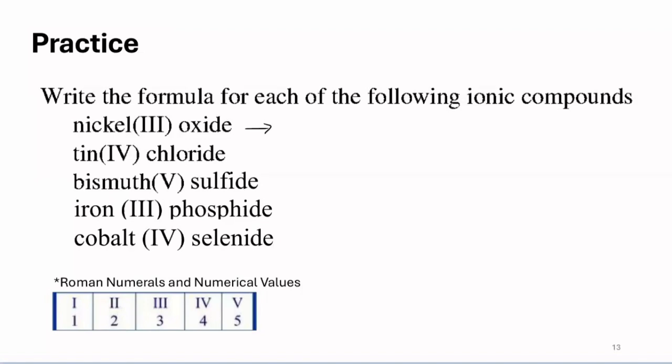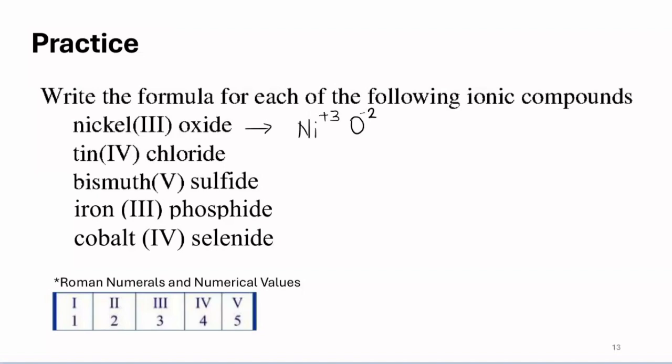Nickel 3 means, since nickel is a metal, it's going to form a cation, so I write its symbol. Ni is nickel. Roman numeral 3 tells me that nickel is positive 3. Then I have oxide, which refers to the nonmetal oxygen. Since oxygen lives in group 6A, it has a charge of -2.